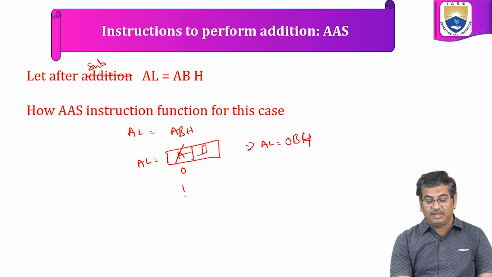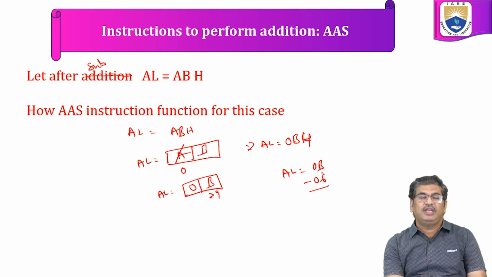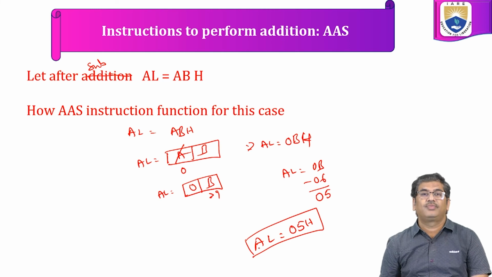Then examine the lower nibble. In this case the lower nibble is B, which is not a valid BCD number as it is greater than 9. Subtract 6 from this content. B minus 6. B is 11. 11 minus 6, we will get 5. So after executing the AAS instruction, we will get AL contents as 05H.